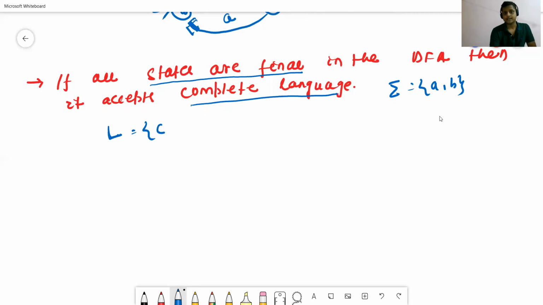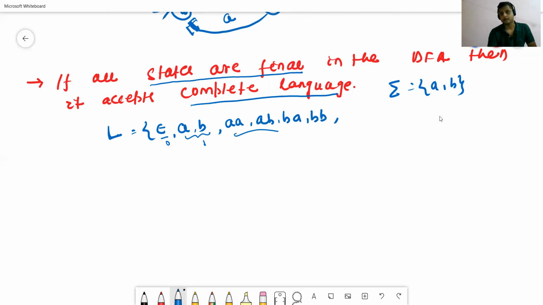The first string is the zero length string, the default string. Then the next strings are A, B, which are one length strings. Then the two length strings: AA, AB, BA, BB.